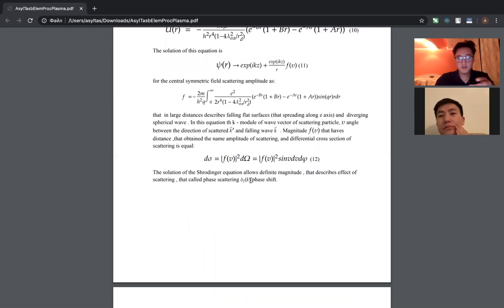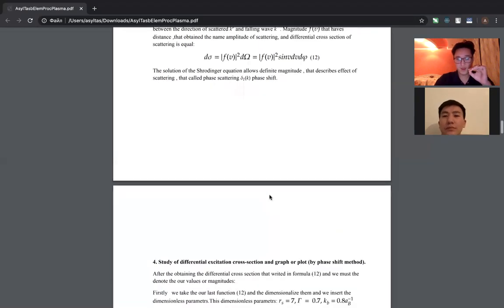By this, the solution of the Schrödinger equation allows us to define a magnitude that describes the effect of scattering, called the scattering phase or the phase shift.